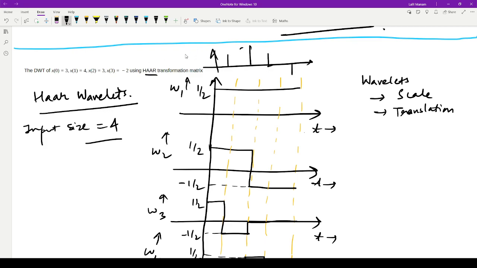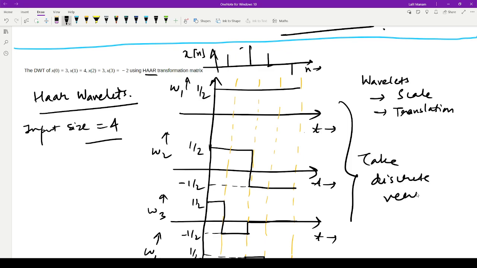This is your signal x of n with respect to n. So you need to take the discretized version. Instead of t, you take n, and it only exists at discrete points, not everywhere. That means it will exist here, here, here, and here, for instance, the middle point.